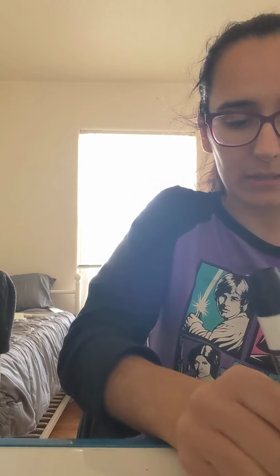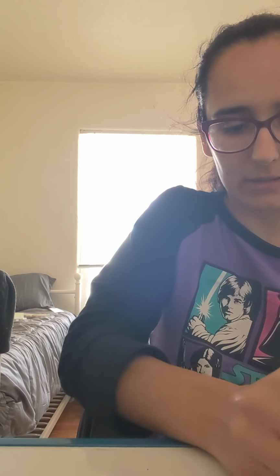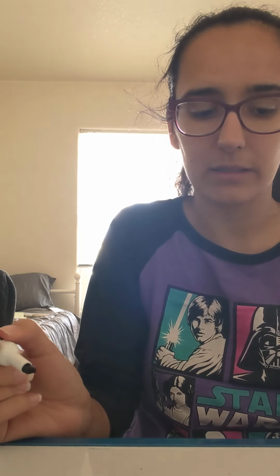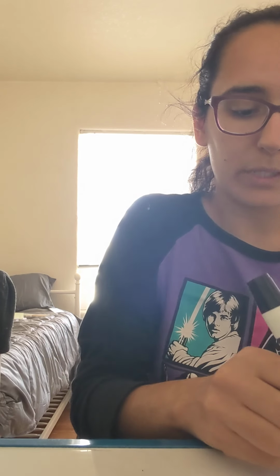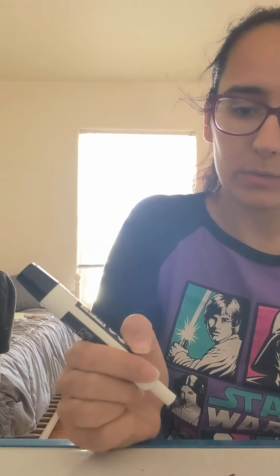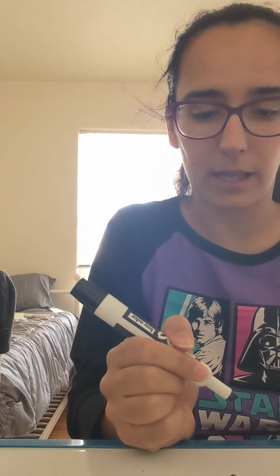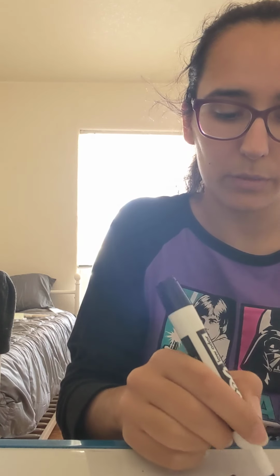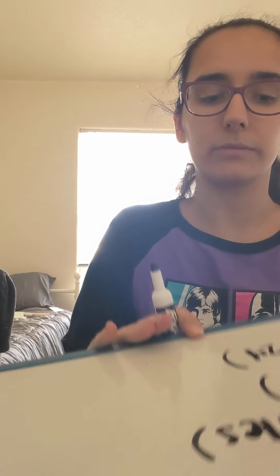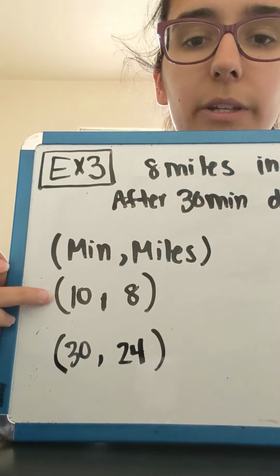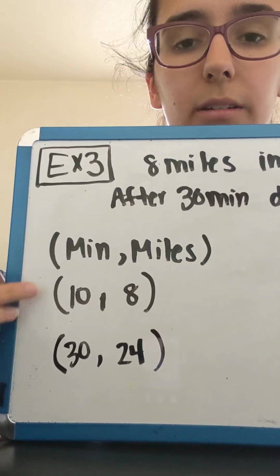So for our point number 1, we have (10, 8), 10 minutes, comma, 8 miles, and we put those in parentheses. And our point number 2 was 30 minutes. 30 minutes is the x value, and 24 miles is the y value. So here's our 2 ordered pairs.